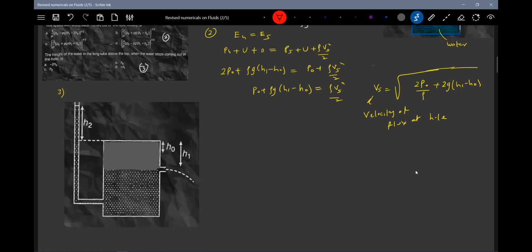Then everything will now become air. So what is that height that is being asked? From the top. Okay, we don't know this. This I'll call Y. And this will be H1. So the pressure at this point and this point should be equal, no? So 4, 5. I'll bring 6 and 7.